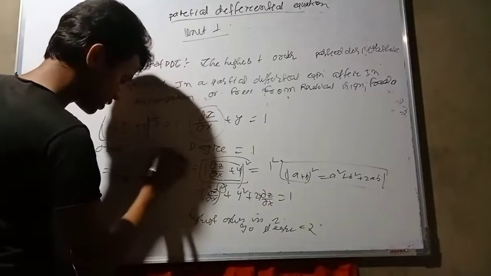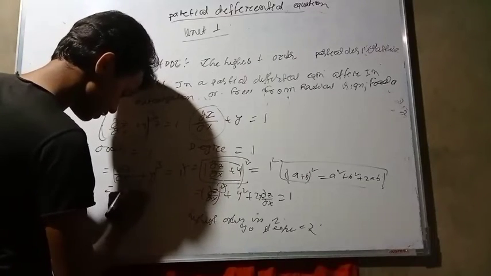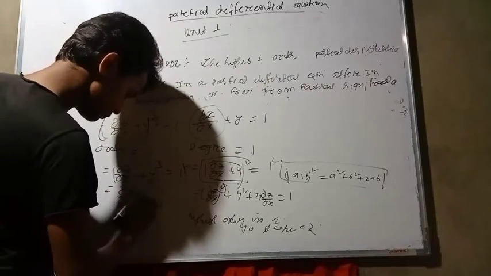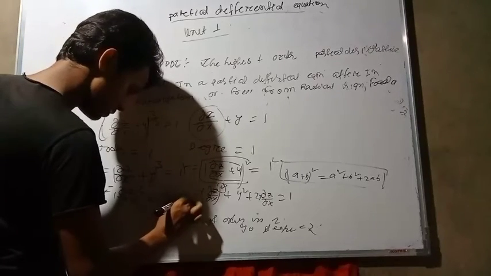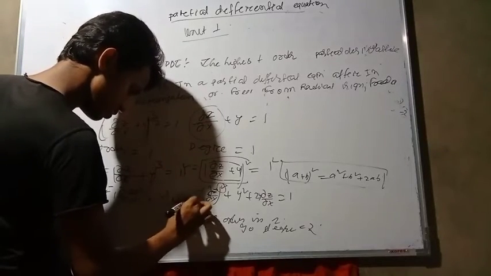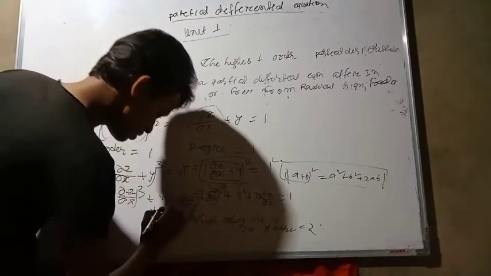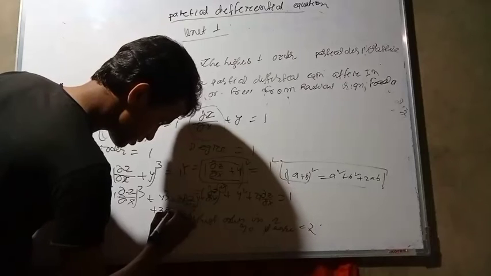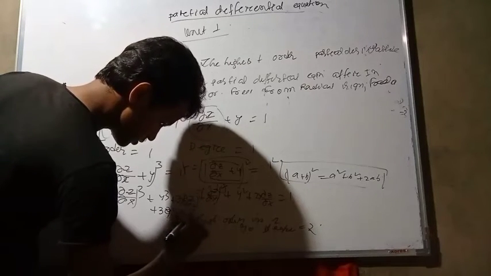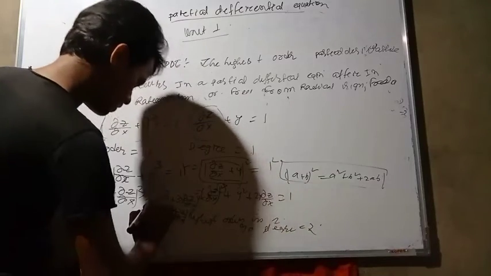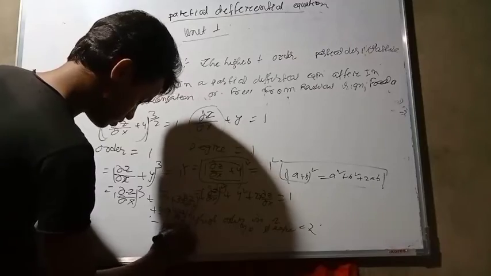If we square both sides, the right side will be 1 squared. Now I am expanding: y³ + (dz/dx)³ + 3y²(dz/dx) ... minus 1 equal to 0.